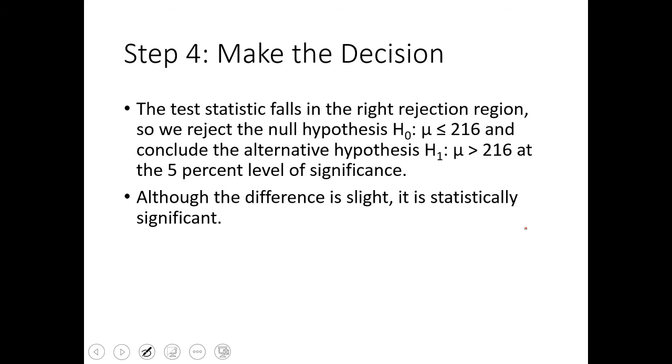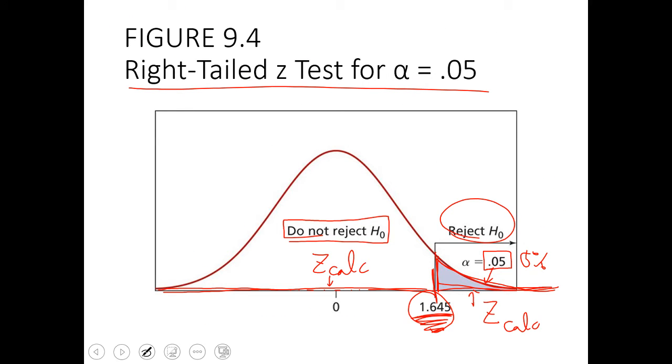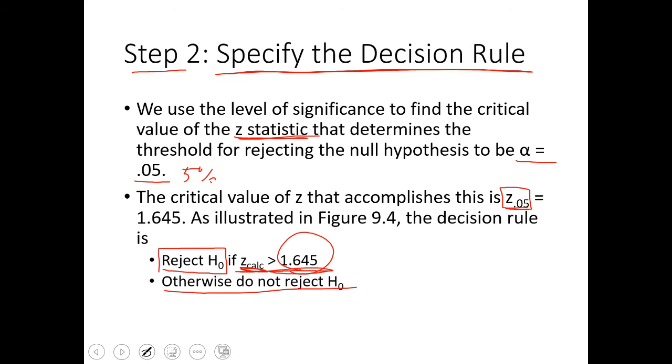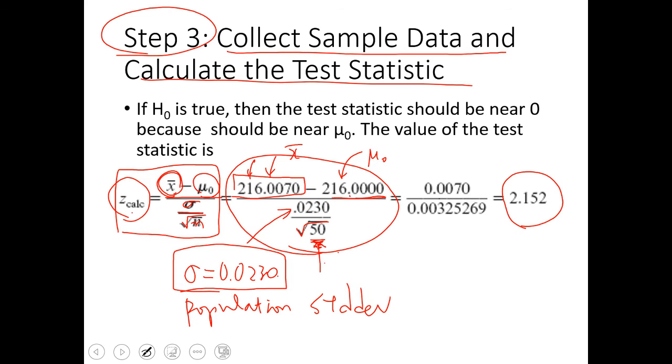So we reject this null hypothesis if this test statistic is greater than 1.645, and we obtain 2.152.